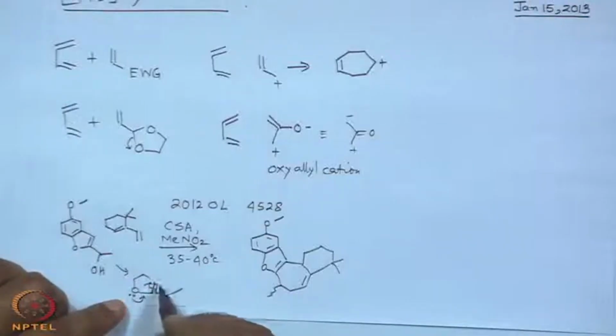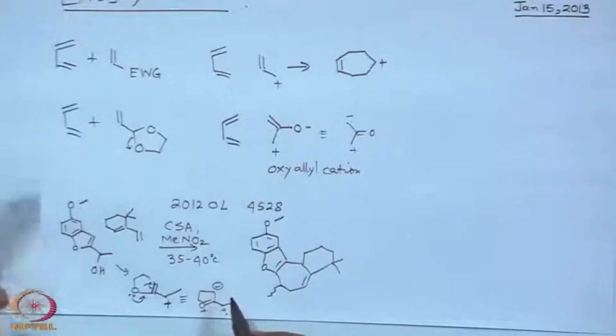So, that means essentially this is equivalent to what you can see: this oxygen here double bond, and this is a negative charge, and then you will have a positive charge here, then this methyl group here. And this is equivalent to a carbonyl group, and then adjacent to it you have a plus and a minus. So, in all these reactions, if this middle one is oxygen, it is equivalent to a carbonyl compound.